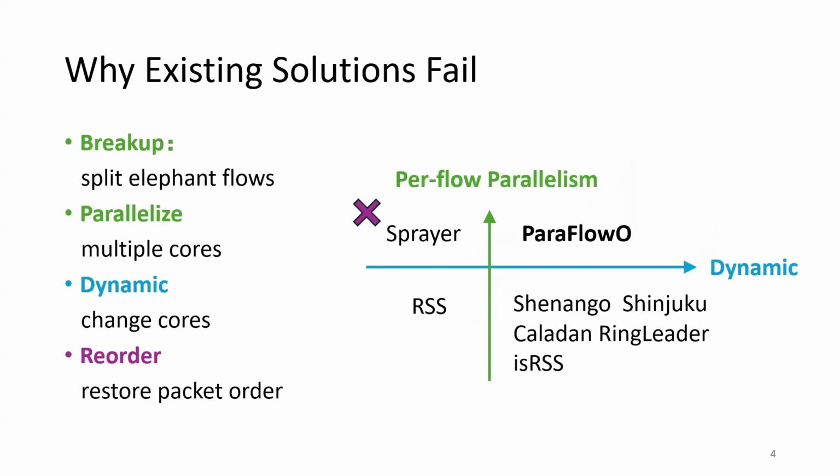Several mechanisms have been proposed to address intra-server load imbalance. First, static methods such as RSS distribute flows across CPU cores using hash-based mappings. However, they are unaware of runtime traffic dynamics. When elephant flows appear, a single core can still become overloaded. Dynamic solutions introduce runtime scheduling mechanisms to redistribute flows or tasks.